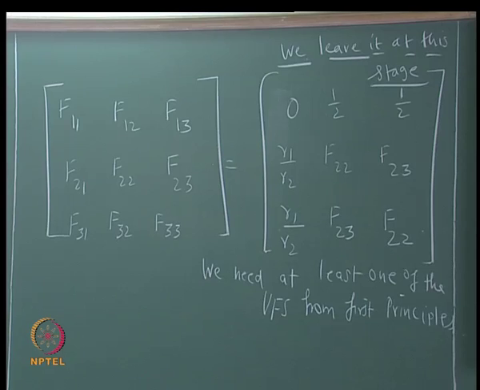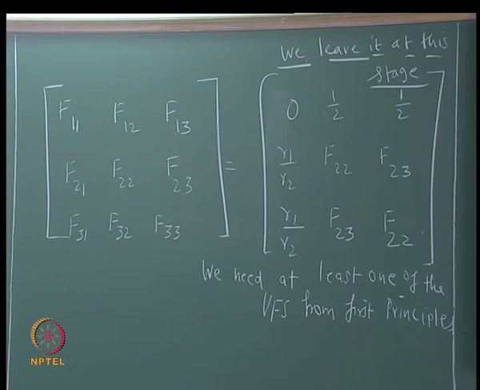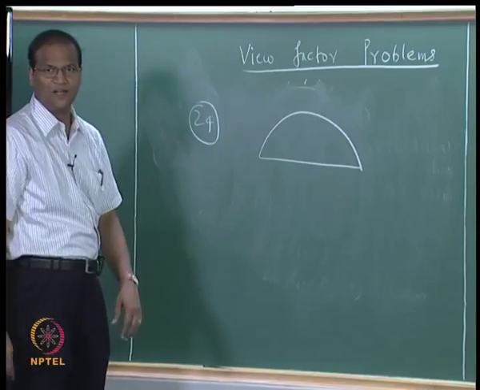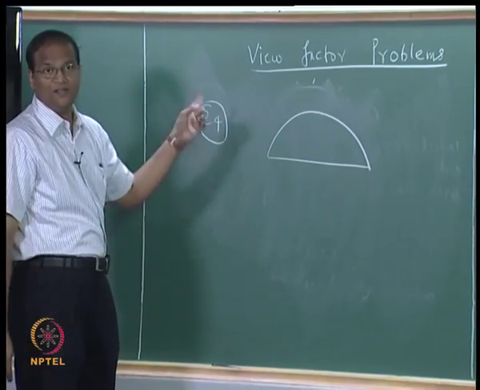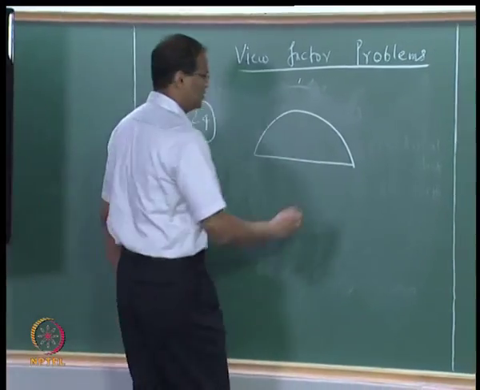Let us solve another problem. There is a surface like this, it is enclosed by a semicircular disc, this is 1.